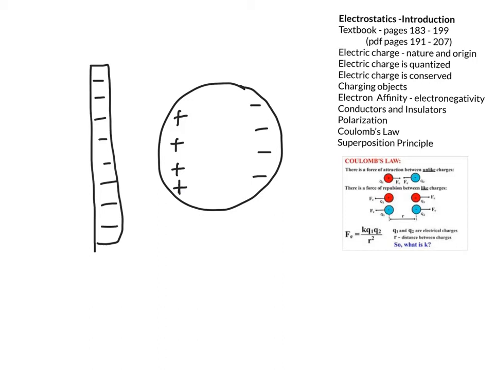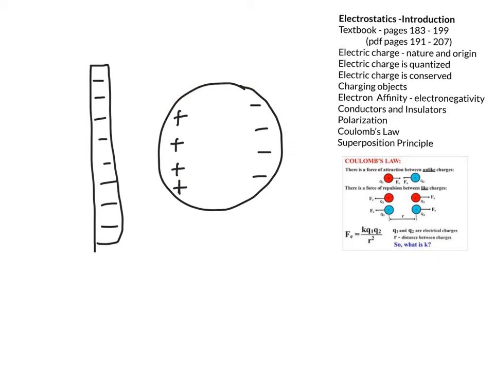So this rod, the free electrons in the aluminum, since they're free to move, are being repelled by the rod, so the free electrons move as far away as they can get. They move to the far side of the aluminum sphere. Actually, in lab, we do this with a soda can, which is made out of aluminum.